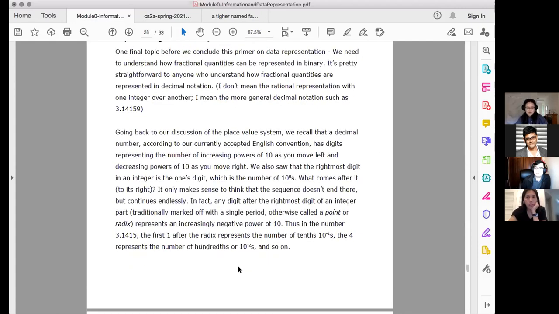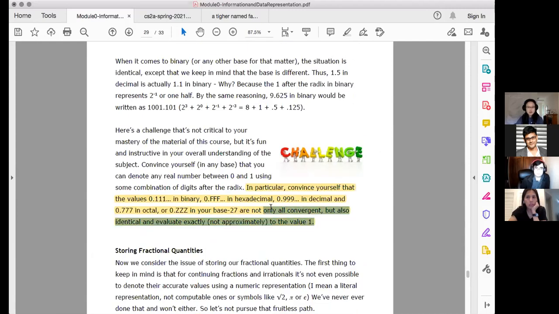My second question is this part. I don't quite understand how to convince myself that it's not approximately, it's exactly the value.